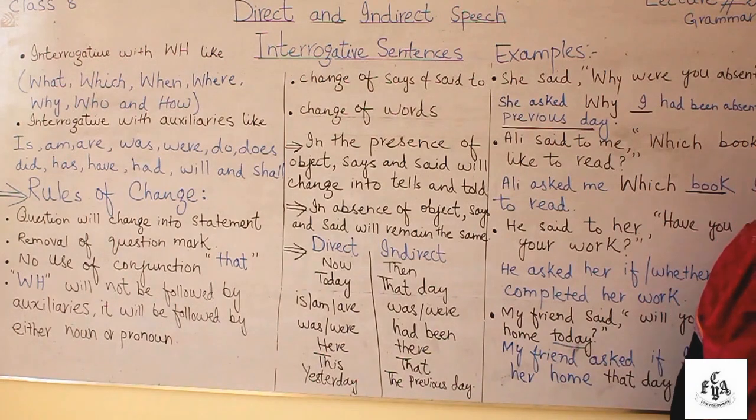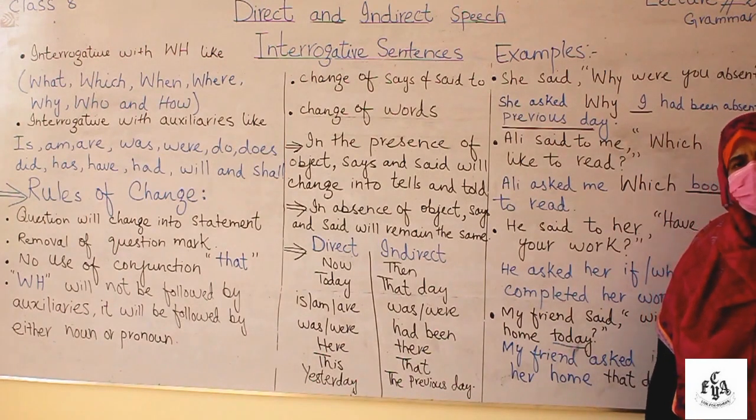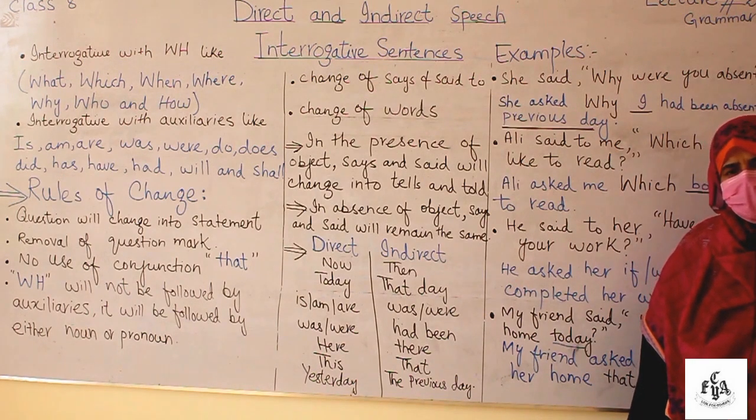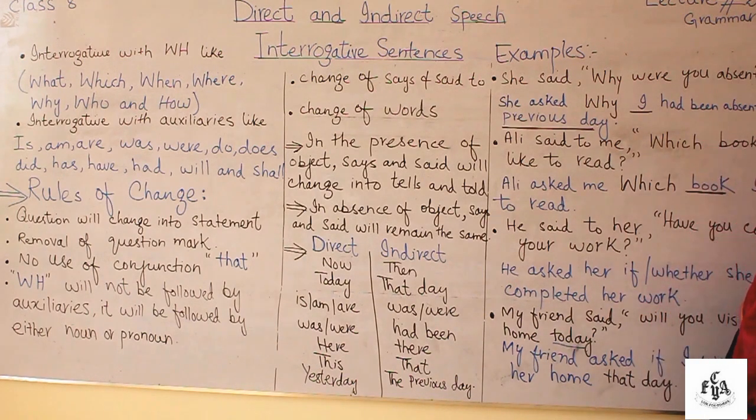Next, while you are doing WH, we'll discuss later on in detail along with examples. WH will not be followed by auxiliaries. It will be followed by either a noun or a pronoun. Whenever you change that into indirect speech, WH will not be followed by an auxiliary. I am not saying always, because it is not necessary in English.